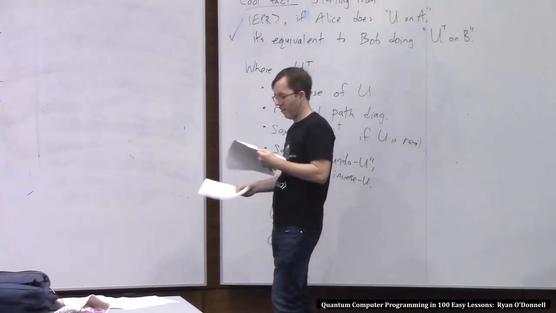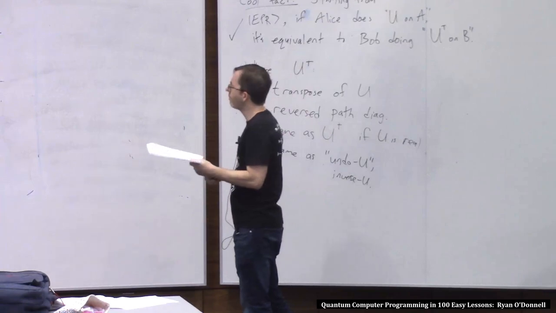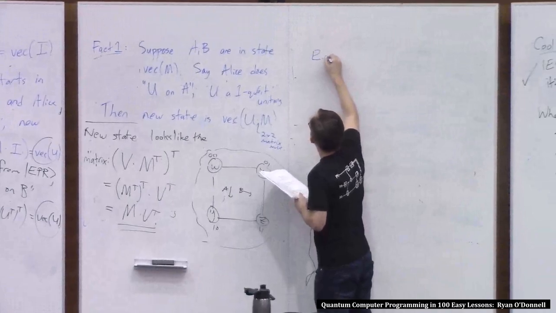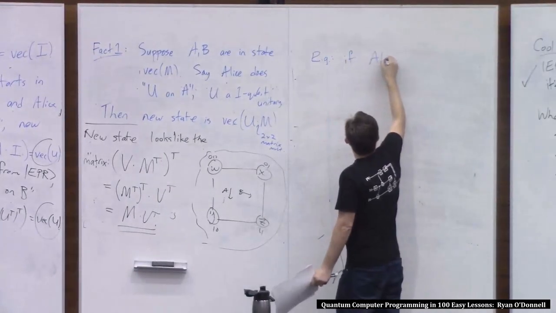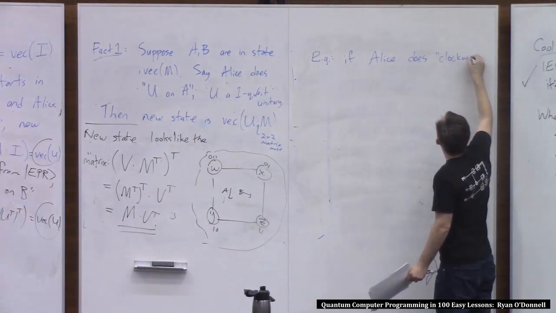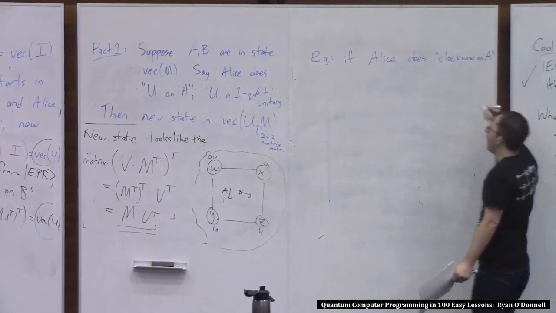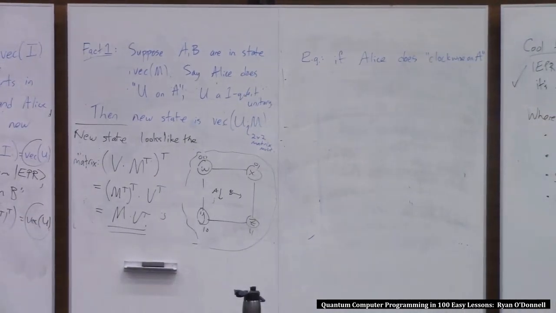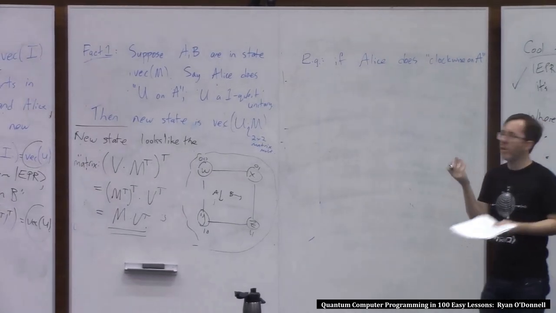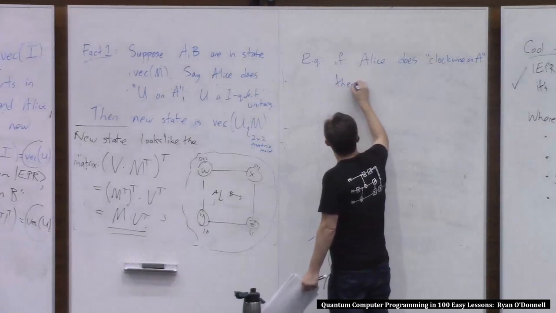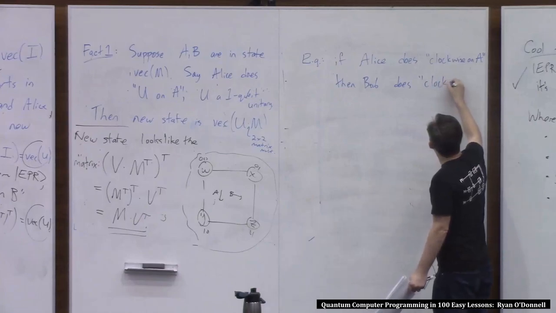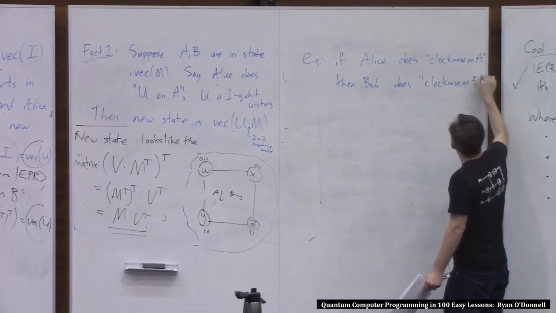Or in other words, another thing you could say is, to continue this example, if Alice does clockwise on A, that's the same as doing counterclockwise on B, which Bob could undo by doing clockwise on B. Just restating this, but then Bob does clockwise on B. These cancel.